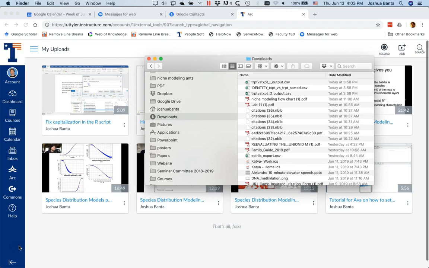So the niche model that you get isn't going to be perfect. So imagine if you take the same zebra species, but you use two different sets of points, you're going to get two niche models that are a little different. It's not because those zebras are different species. It's just because the points you used going in were different. Your estimates for the two niche models are going to be a little different.